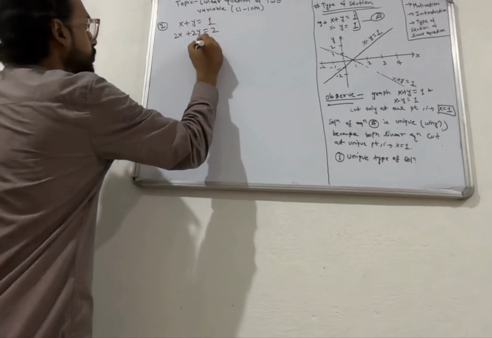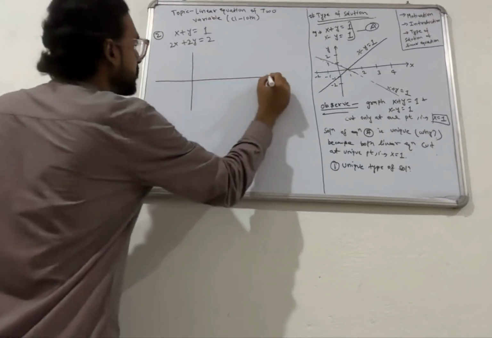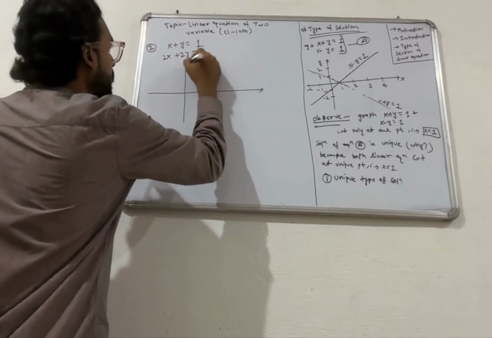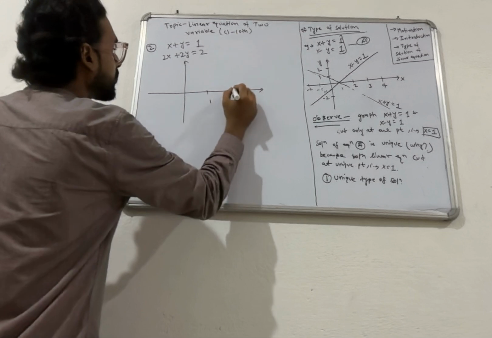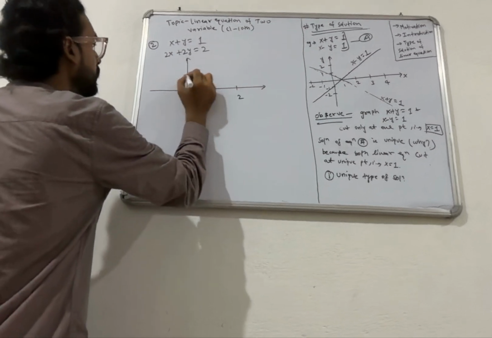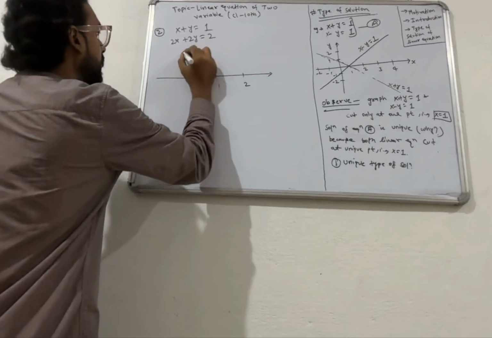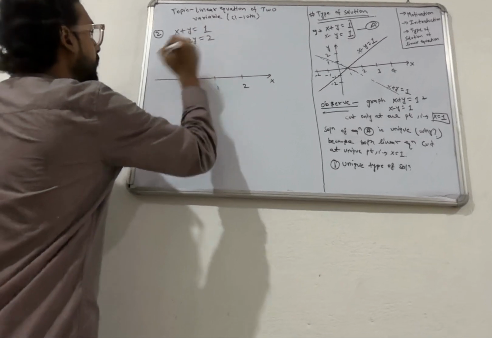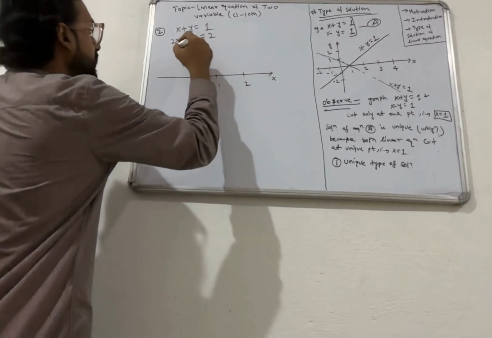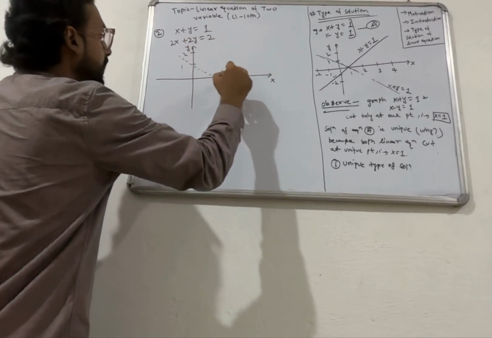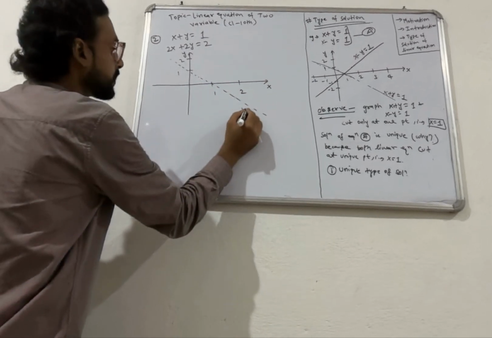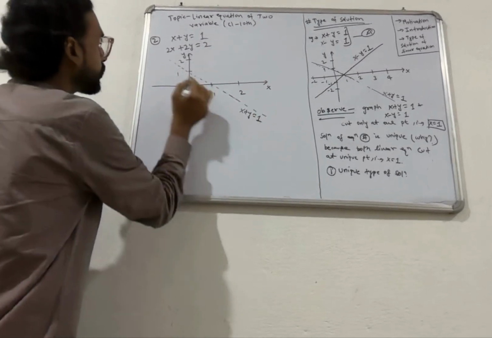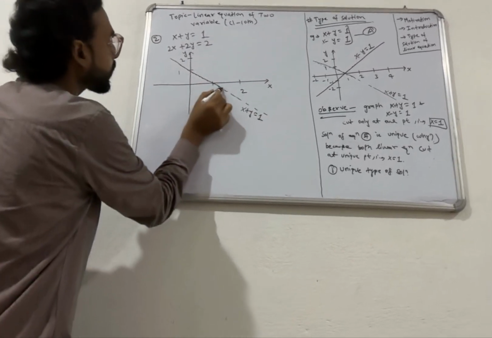Okay, so the graph is 1, 2, 1, 2. This is our x, this is our y. So this is the x plus y is equal to 1 graph.